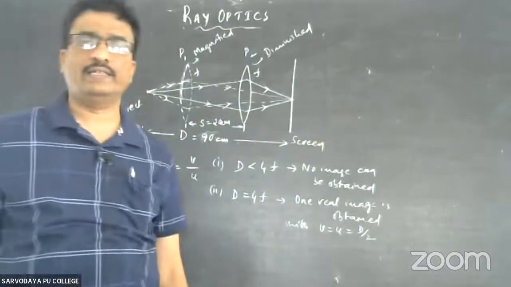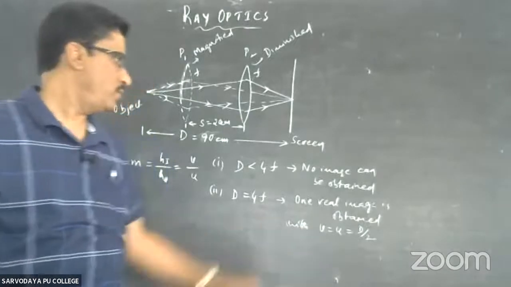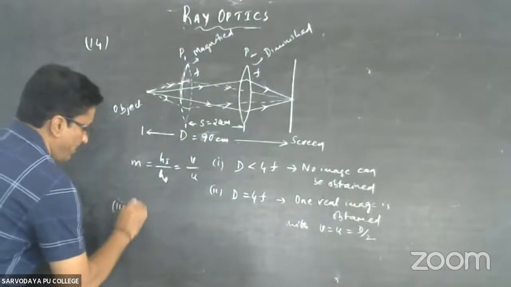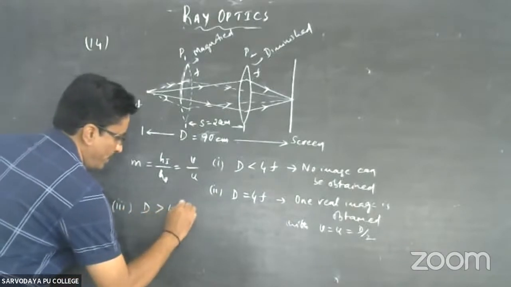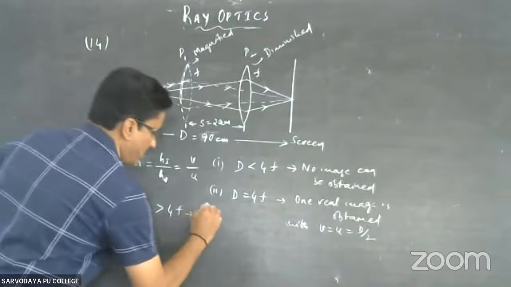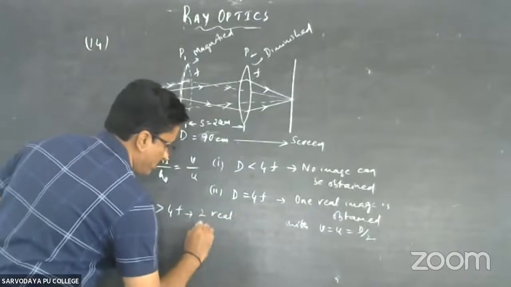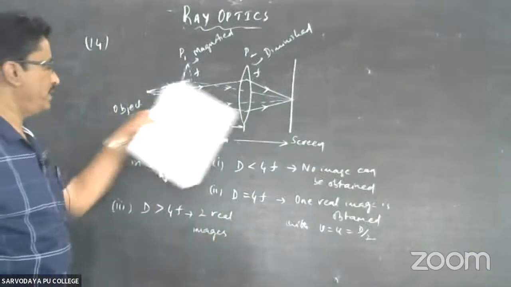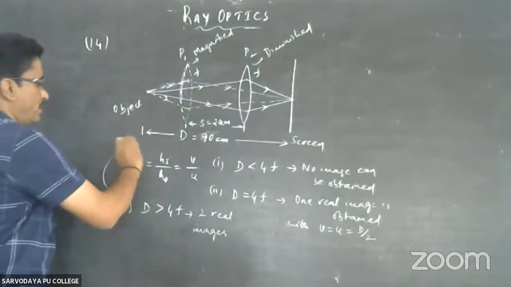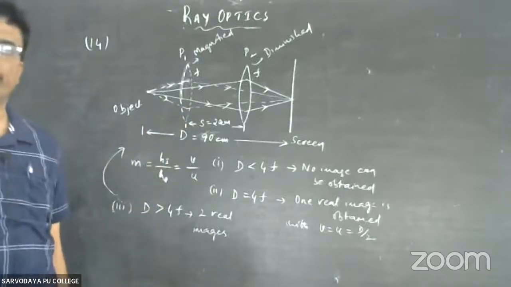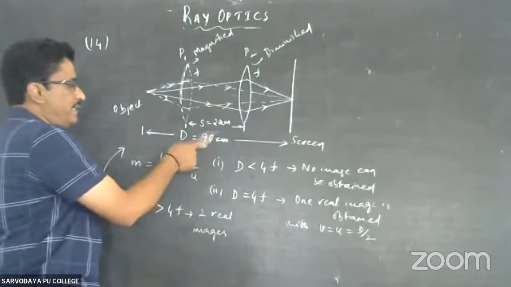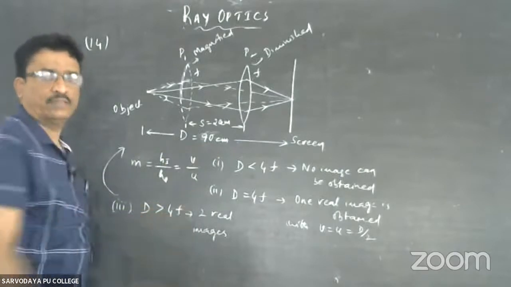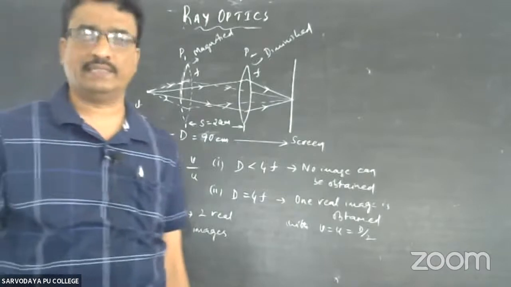Exactly at the center point the lens will be there, and you will get one real image only. But if D is greater than 4f, in this case two real images will be obtained. Therefore, we can understand easily that this 90 centimeter is more than 4 times the focal length.